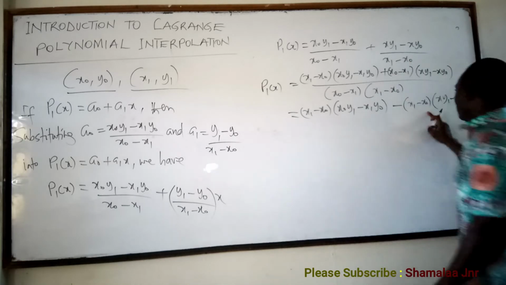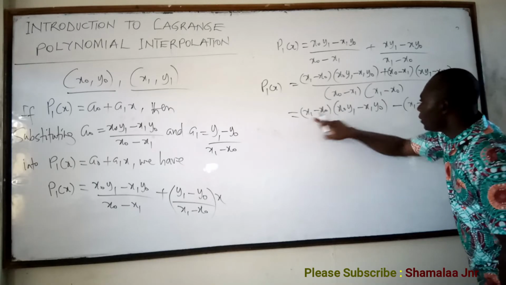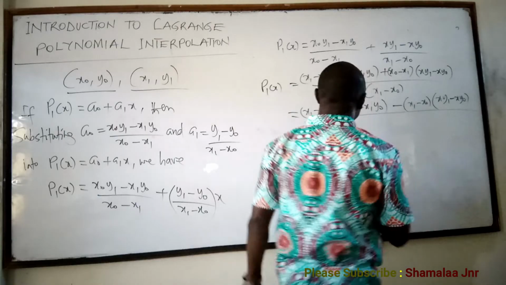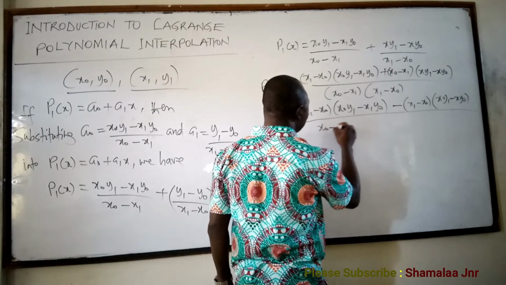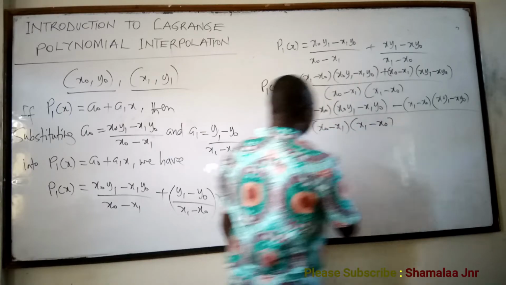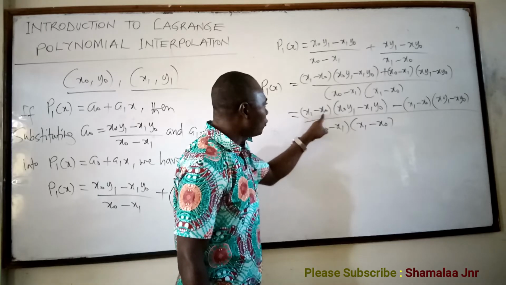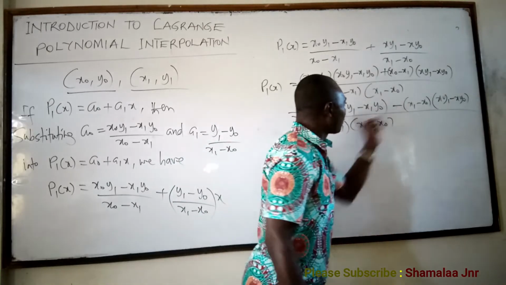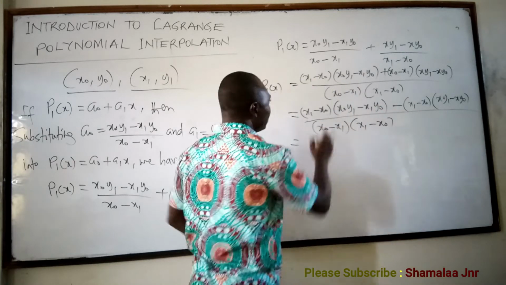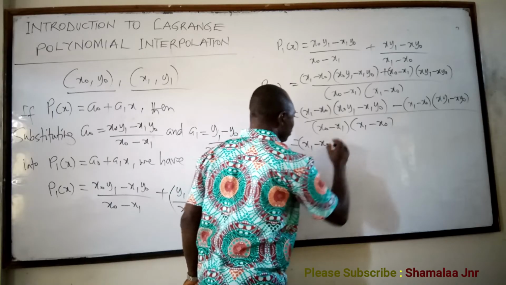And we are doing this so that this will look like this, it will be the same as this. And then if you are able to get that, you can factorize that one out, you can bring it out, isn't it? So mathematics, when you are doing, you have to be smart. So you can now see that x1 minus s naught is a common factor to these two. So it means that you can bring x1 minus s naught out.